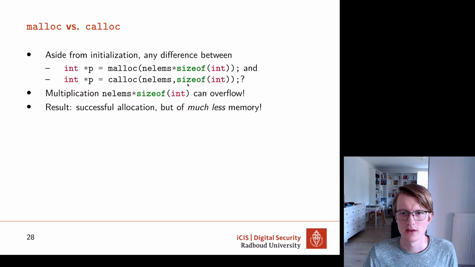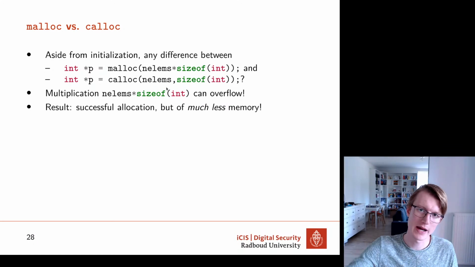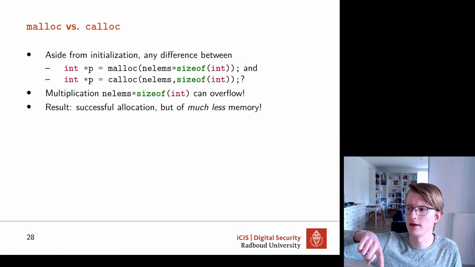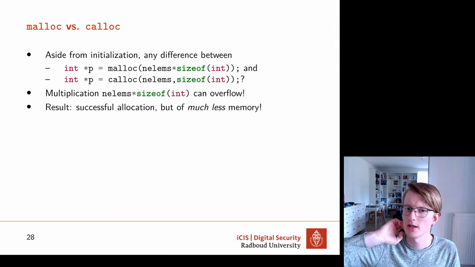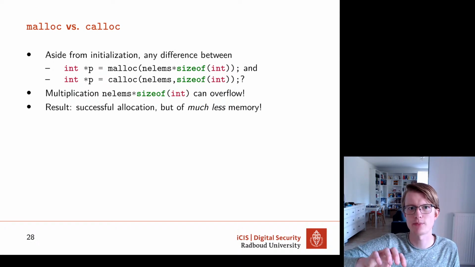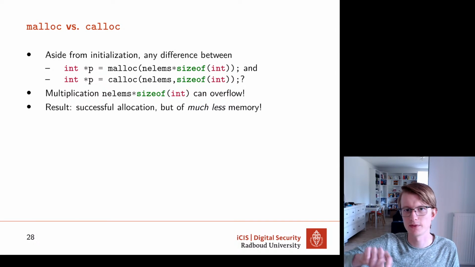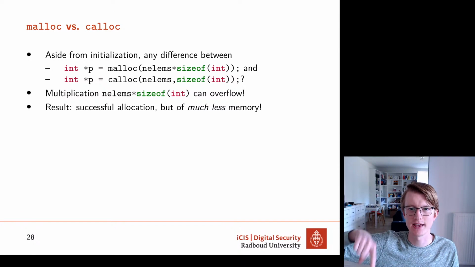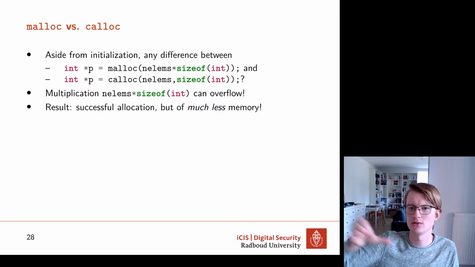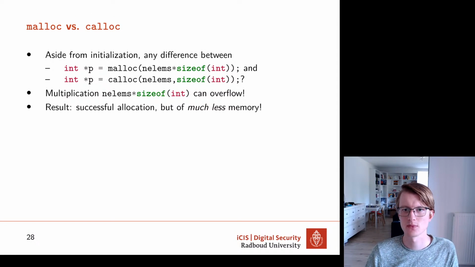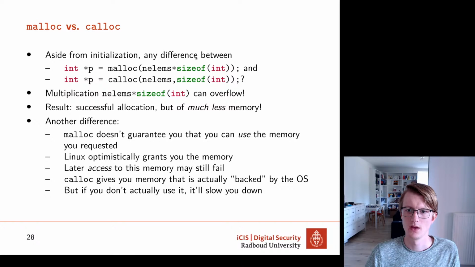And if it overflows, because it is an unsigned value, you will go back to 0 and compute it modulo the size of your type. You will often get much less memory than you were expecting. But then if you try to access the n minus 1 element, that will not be there because you actually allocated much less. So in that sense, calloc is a lot safer to use.